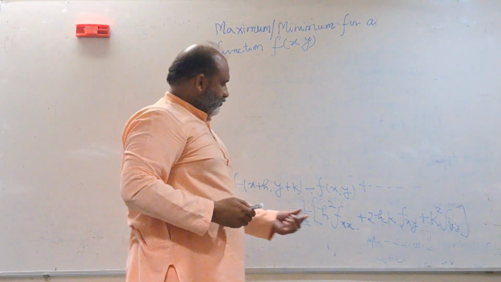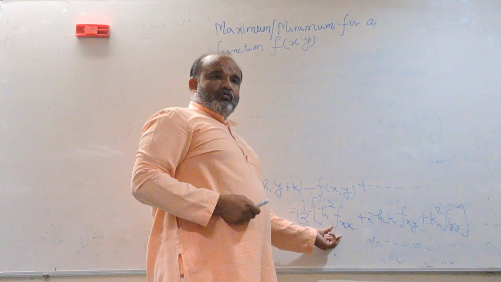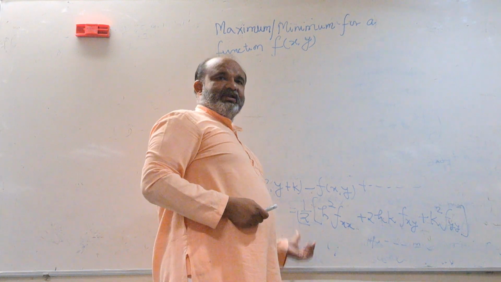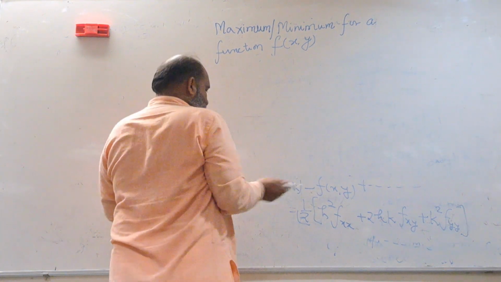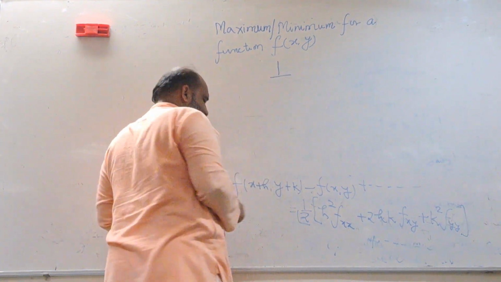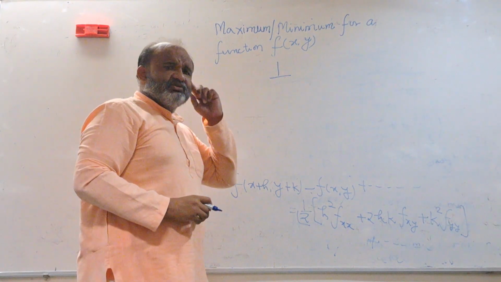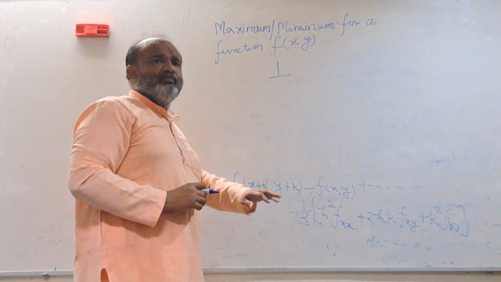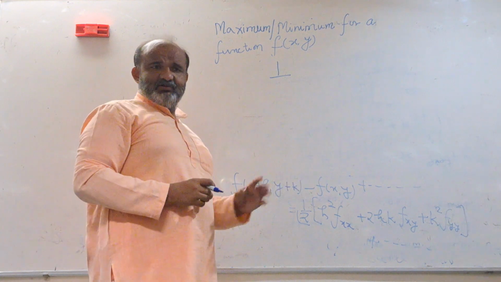Right, so from here I take 1/fxx common, so this term becomes 1/2, it is a constant, so I am just omitting it because I have to decide only the sign, not the value.